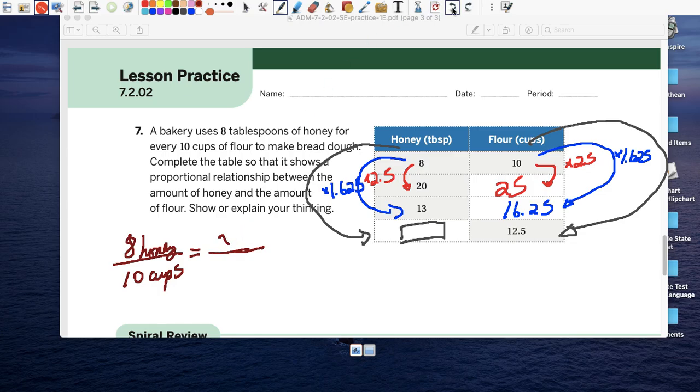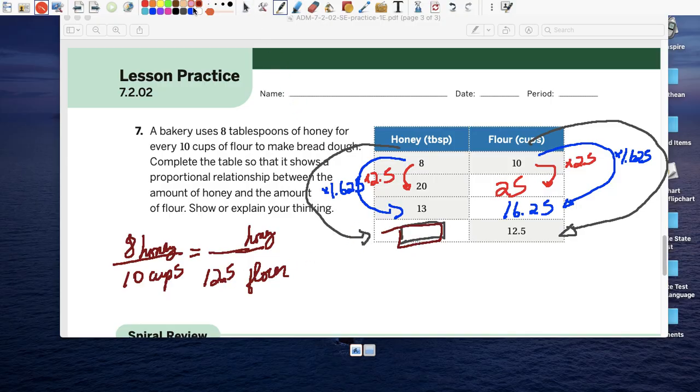So honey on top, and then flour at the bottom. So where do I put 12.5? Because this is what I need. 12.5 cups of flour. So it says that if I use 8 tablespoons of honey, I need 10 cups of flour. How much honey do I need? And that's what we're trying to figure out. How much honey do I need when I use 12.5 cups of flour?